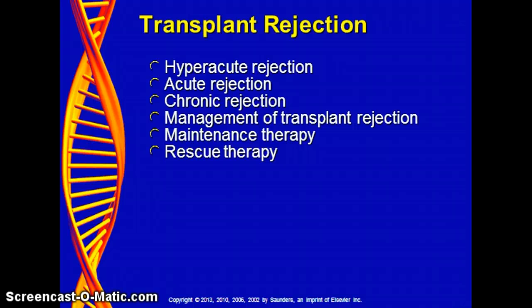The basic idea behind that is we want to prevent the person's body from rejecting the organ that has been transplanted and prevent any further antibodies from being made that might increase the incidences of rejection.